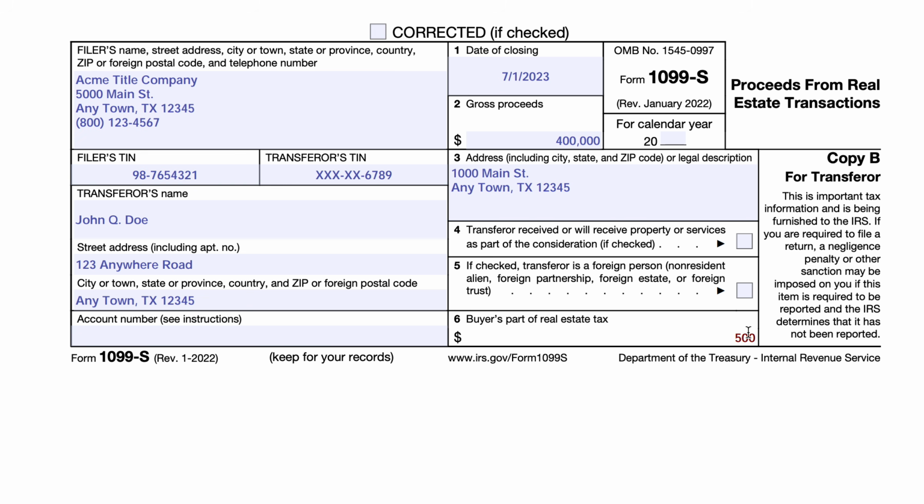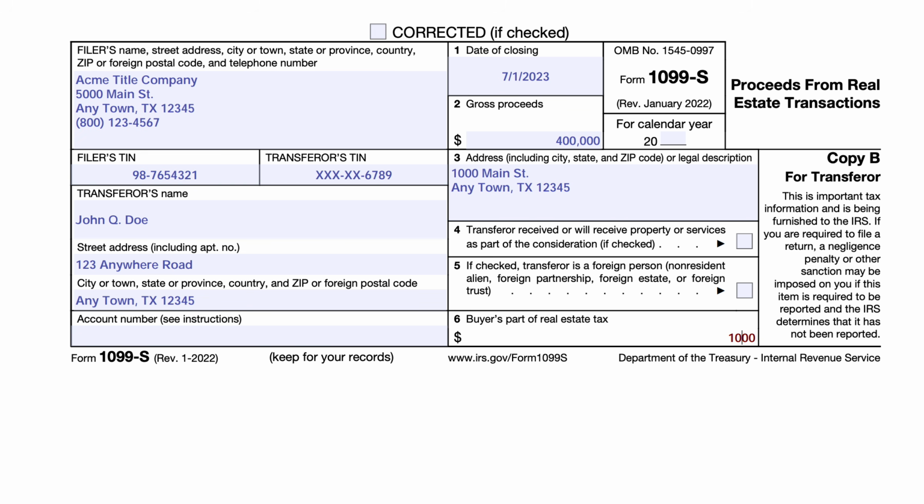So in this case, the closing document should reflect that on 7/1/2023, the buyer paid back $1,000 of that real estate tax to John Doe.